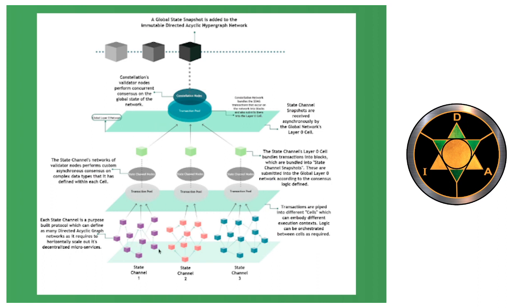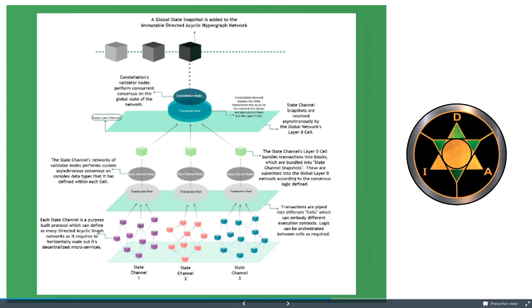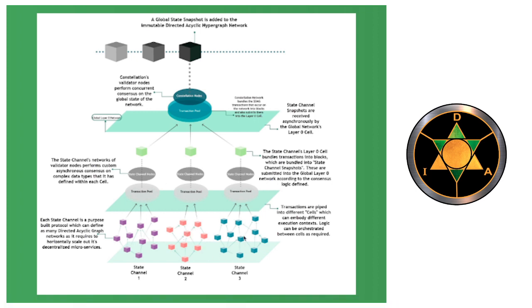What's great about this architecture is that these are totally separated and can be performing validation and transactions in parallel without causing any problem to other subnetworks. This massively increases the throughput and the number of transactions that can be performed per second.